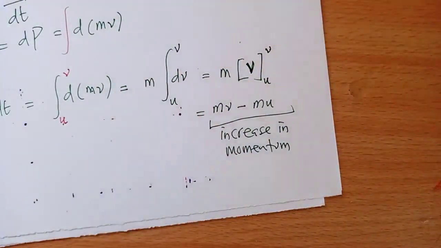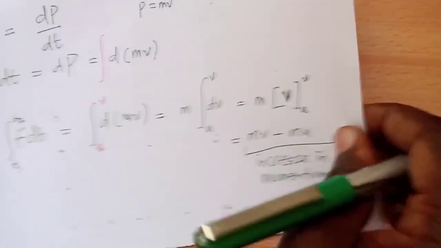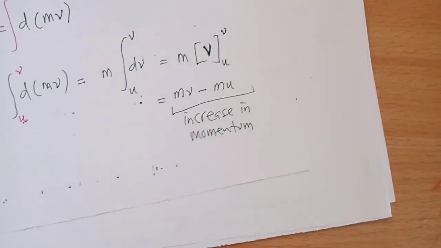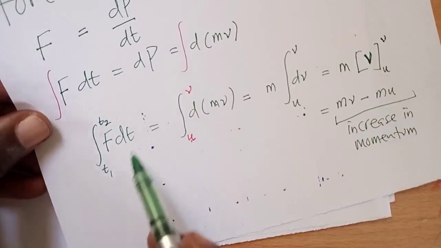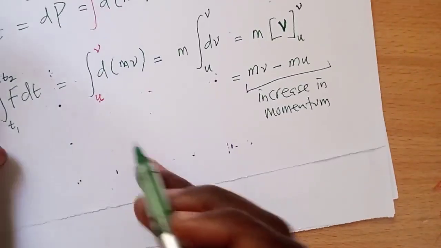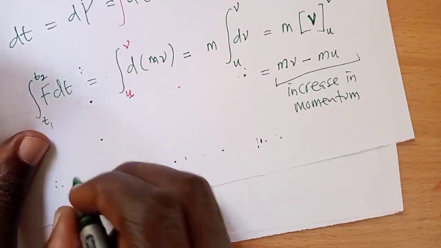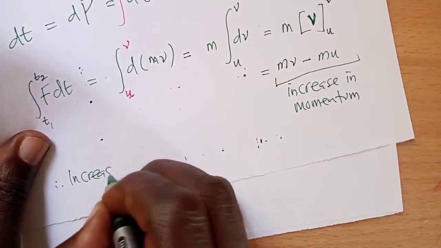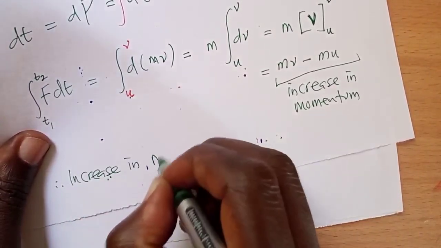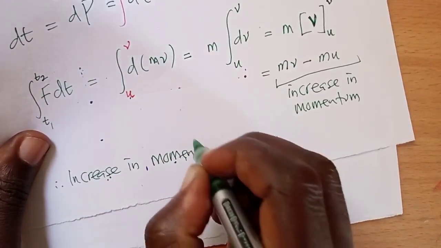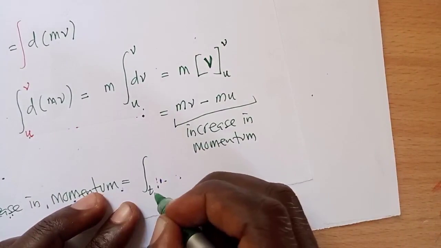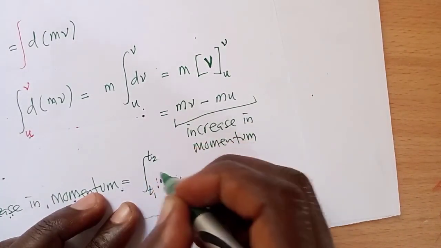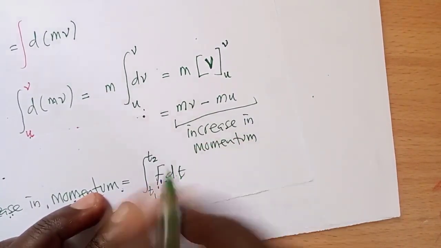And then the process here tells me that this increase in momentum is equal to what I have here. Can you see? So I can rewrite this as: therefore, the increase in momentum is equal to the integral from t1 to t2 of F dt.